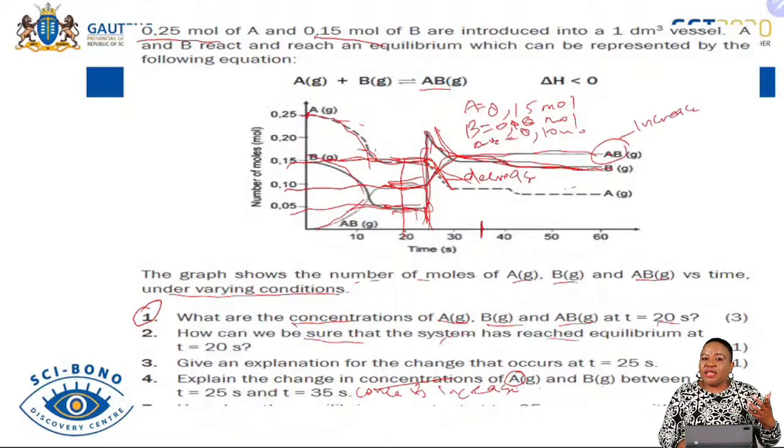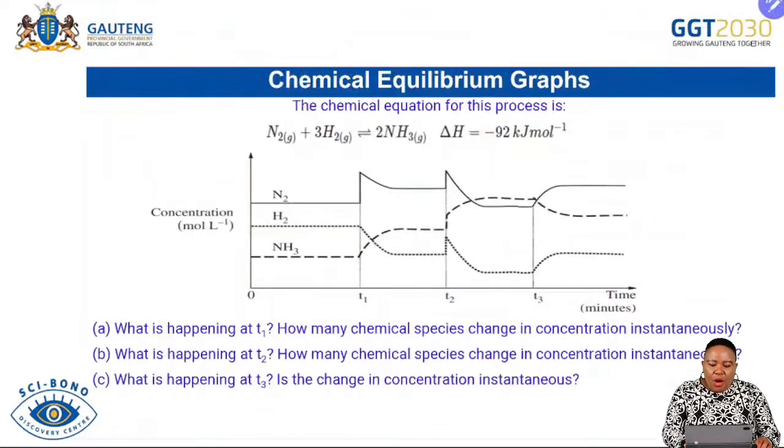So you just look at the shape of the graph, it will tell you what is happening. If you see an increase, it will also tell you whether it was temperature or concentration, looking at what we've been discussing. And then explain the changes of concentration. Okay, so I think we have explained the changes of concentration at time 25, and then also this one, you can see here that at T1 ammonia is increasing, hydrogen as one of the reactants is decreasing, as is nitrogen.